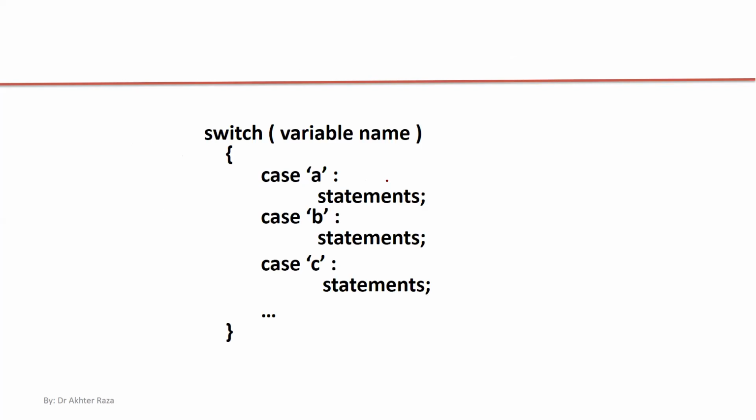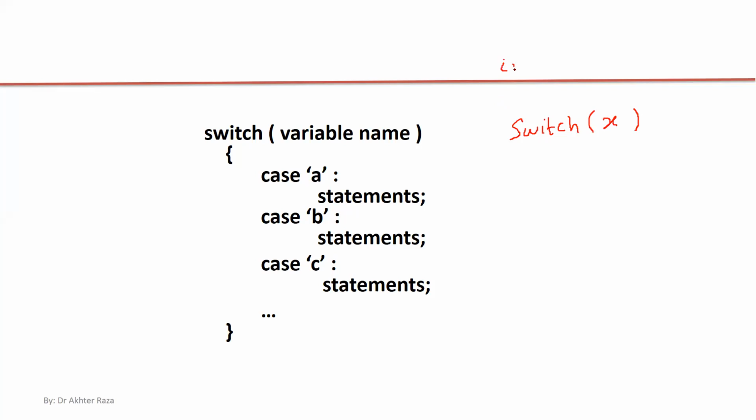So what you have to do is write down a switch, and in the brackets you have to write a simple variable like x or y or z or any other variable you have. Suppose I am writing x as a numeric variable.